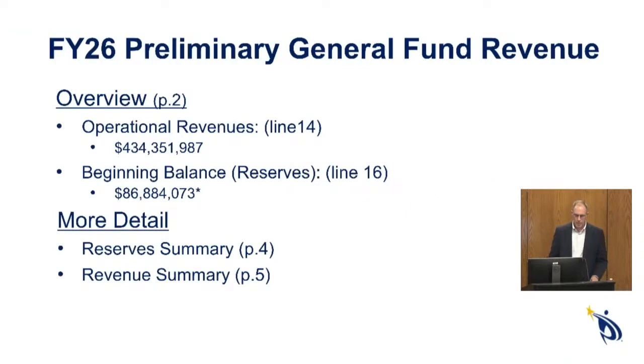Line 14 has those operational revenues. Line 16 also indicates our beginning balance of reserves. That has an asterisk by it. Without all of the expenditures plugged in, the reserve summary is incomplete until we get calculations including all of the expenditures. But if you'd like to look into more detail of the revenues or reserves, those are on pages 4 and page 5.